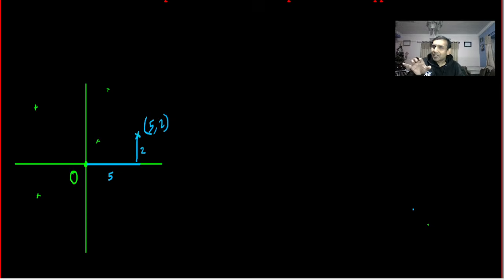But did you notice you're actually giving the length and breadth of a rectangle? And that is why the Cartesian system is also called the rectangular coordinate system. If you have a point here, immediately you are creating an invisible rectangle.